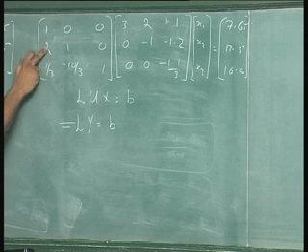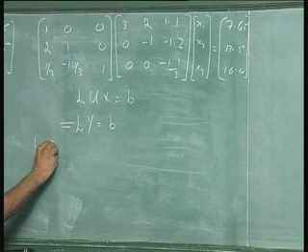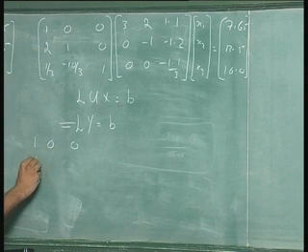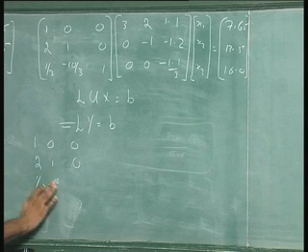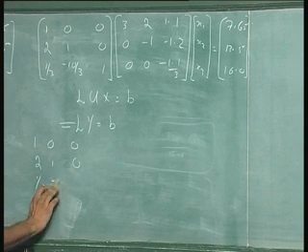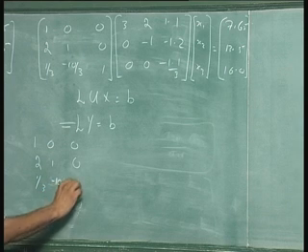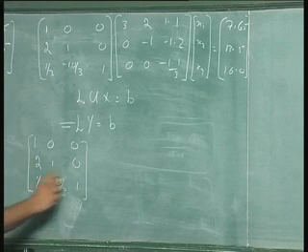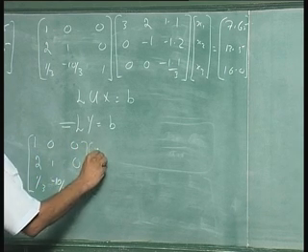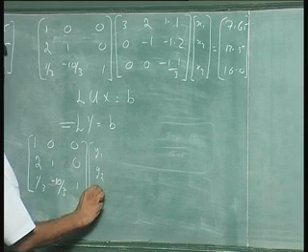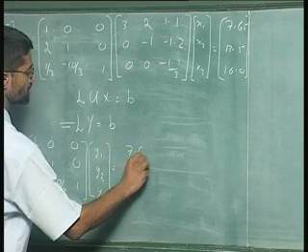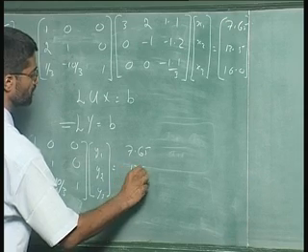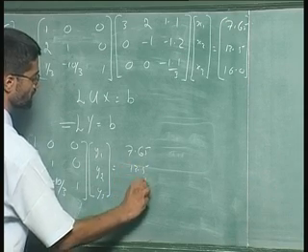So we know L. We have the matrix 1 0 0, 2 1 0, 1/3 minus 10/3 1, into some y1 y2 y3, that's equal to 7.65, 13.5, 16.0.